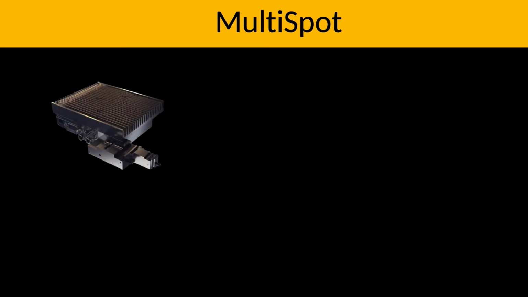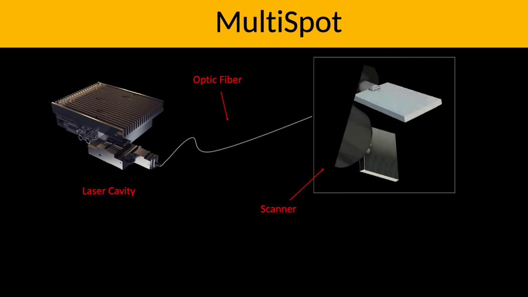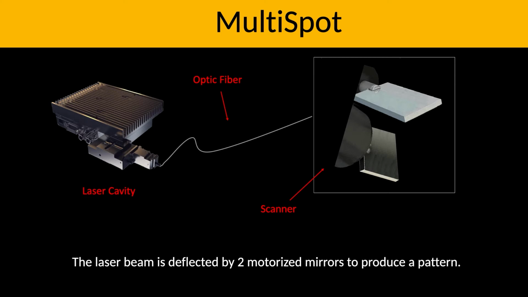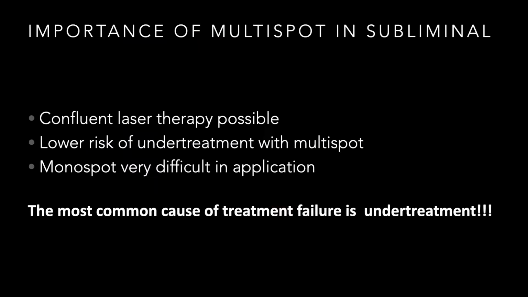Multispot is important, and here you have the laser cavity and optic fiber that has a scanner coupled with different mirrors, and the laser beam is deflected by two motorized mirrors to produce a pattern, as you can see here. Why is multispot important? Because with multispot, we are able to do confluent laser therapy, and there is a lower risk of undertreatment.